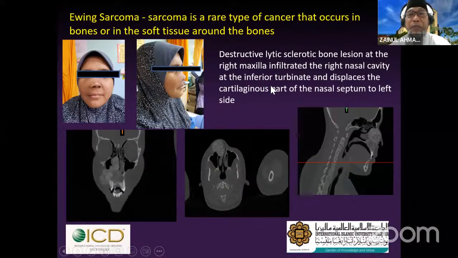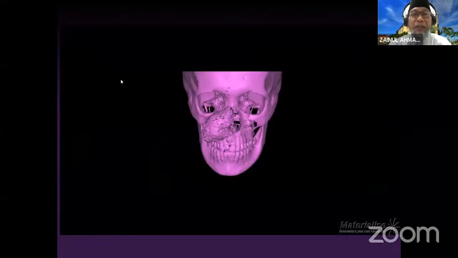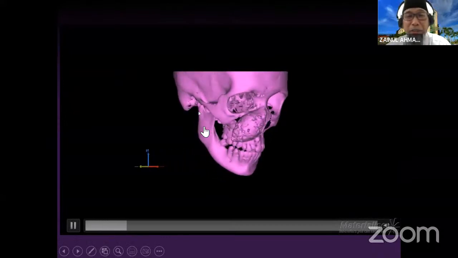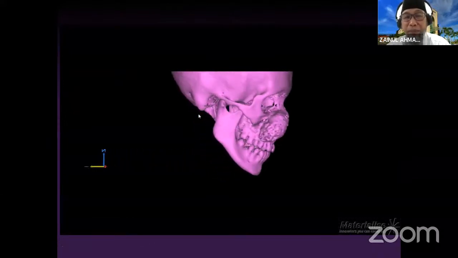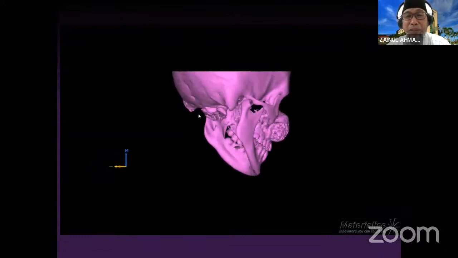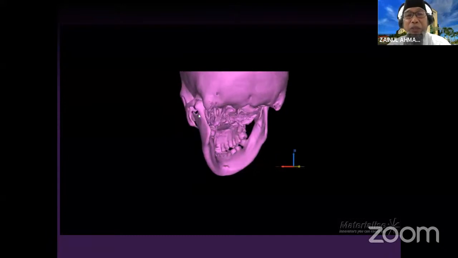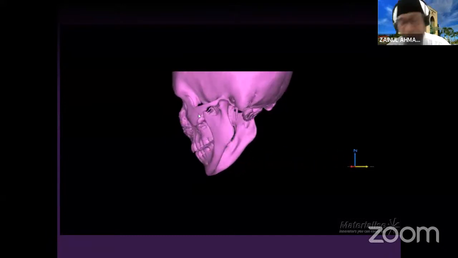So this is some of the reporting that we have to make before any surgical procedures. Based on this data, we can bring it to the software. There's a software that can visualize that particular pathology in detail. The lesion does not extend to the maxilla or the palate.